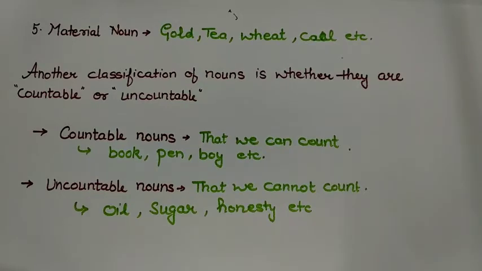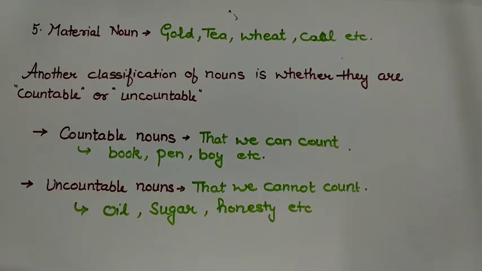Now, another classification of nouns is whether they are countable or uncountable. Countable nouns are those nouns which we can count, like book. We can count the number of books, pens, boys, etc. All the examples are countable as we can count how many books are there or how many boys are there in a class. Next one is uncountable nouns.